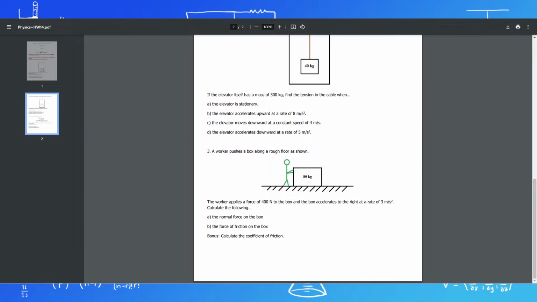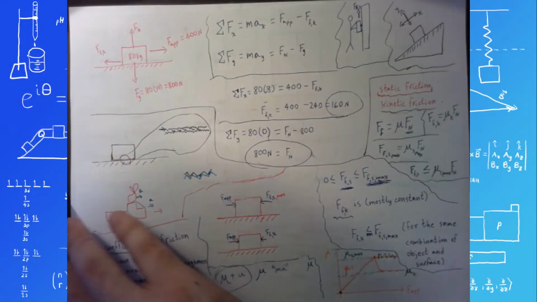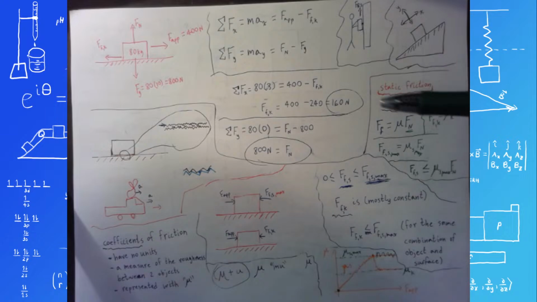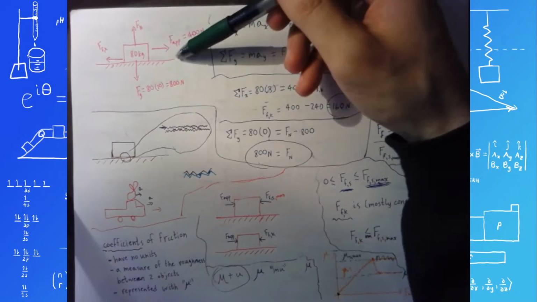Oh, yeah, it's on this page still. Right, the force of kinetic friction, we calculated it would have to be 160 newtons in order for the acceleration to be 3 to the right for this object. Oh, wait, I forgot to switch screens again. At least this time I caught it sooner rather than later. So over here, we're back to this page.